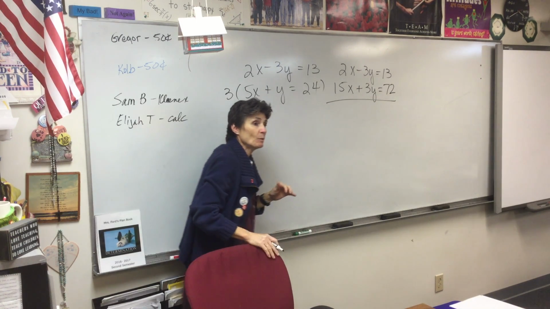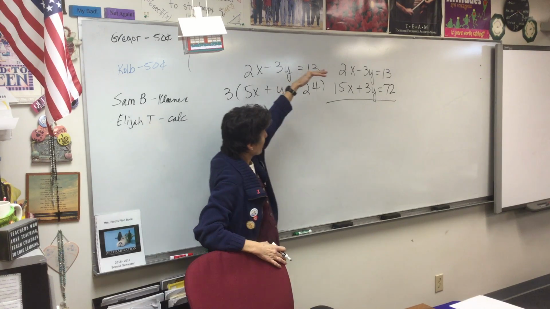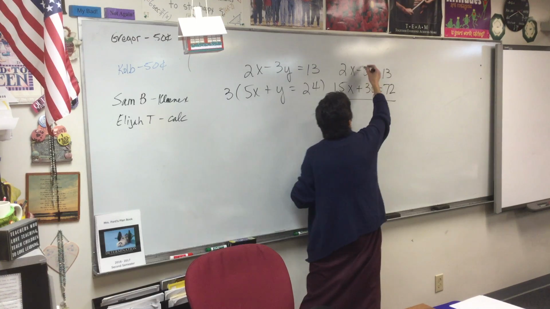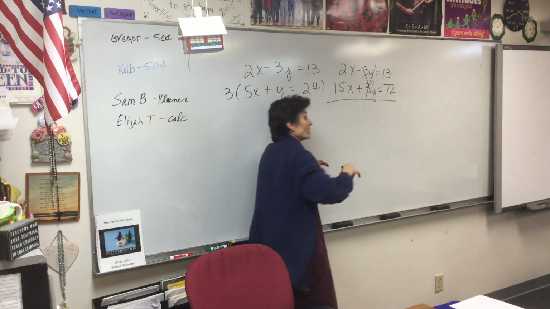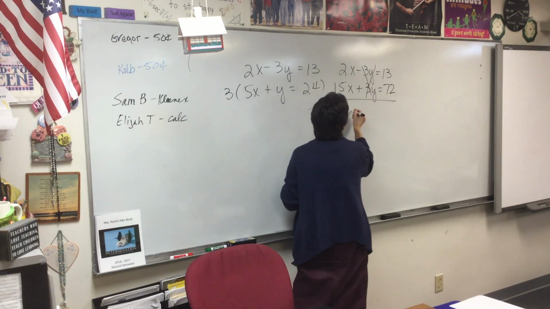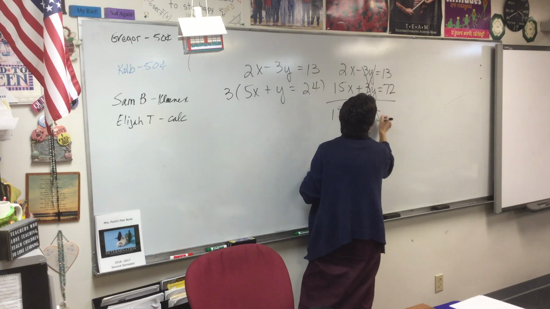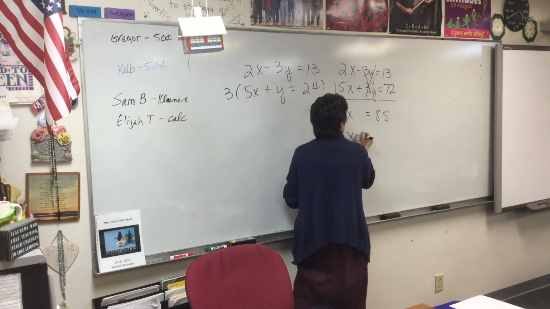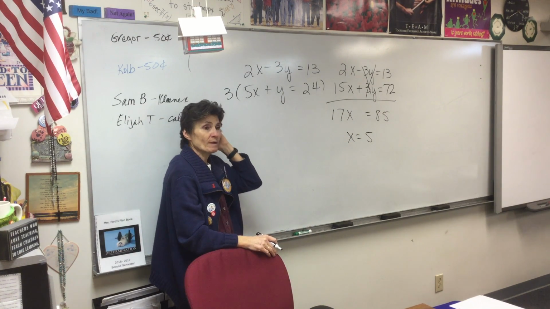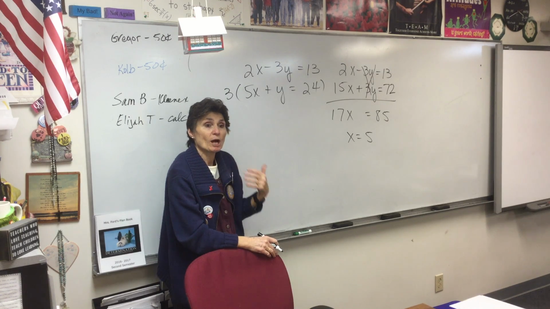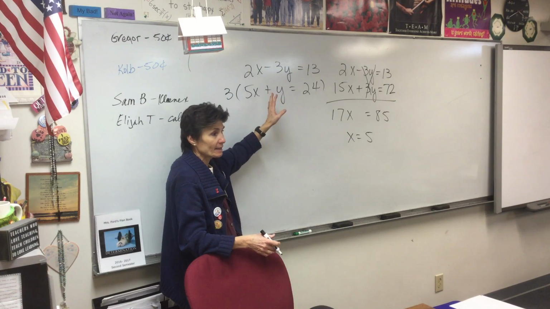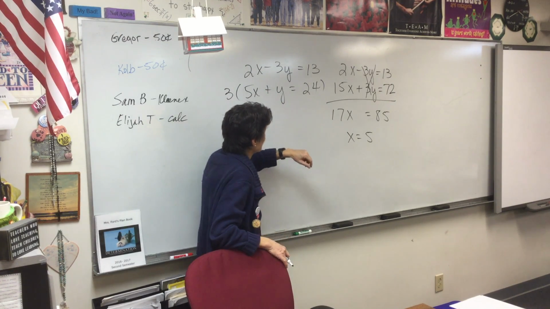Now the reason that we would do that is so when we add them together, notice that the y's are eliminated. So now you have a simple little equation that says 17x equals 85. So x equals 5. And at this point then, it becomes just like the substitution problems.